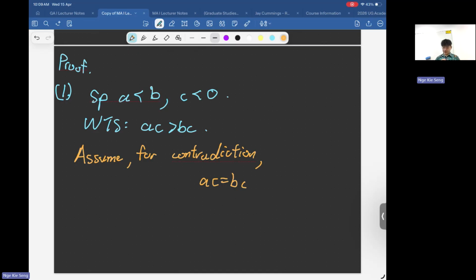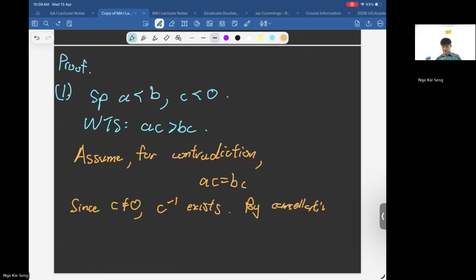Since C is not 0, C inverse exists. So by the cancellation law, A equals B. You can cancel C on both sides, so multiply C inverse on both sides. Which is a contradiction, contradicting A less than B. Okay, good.